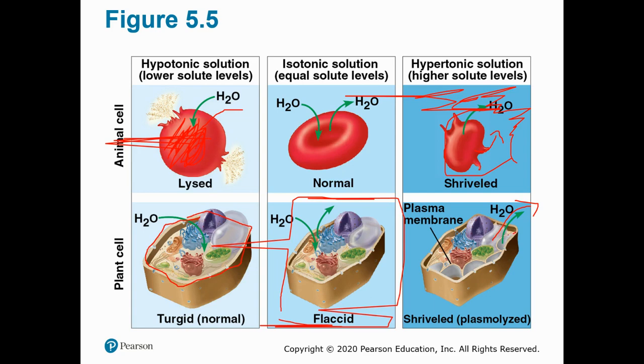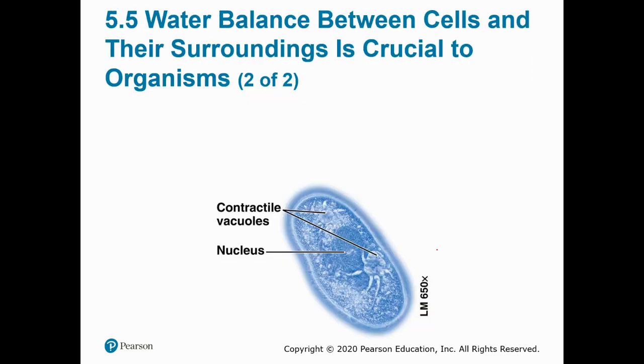But they have this plasma membrane that's attached to the cell wall, and then you get plasmolysis, which can be the death of the cell. And that's hypotonic, hypertonic, isotonic for you. That's osmosis for you.